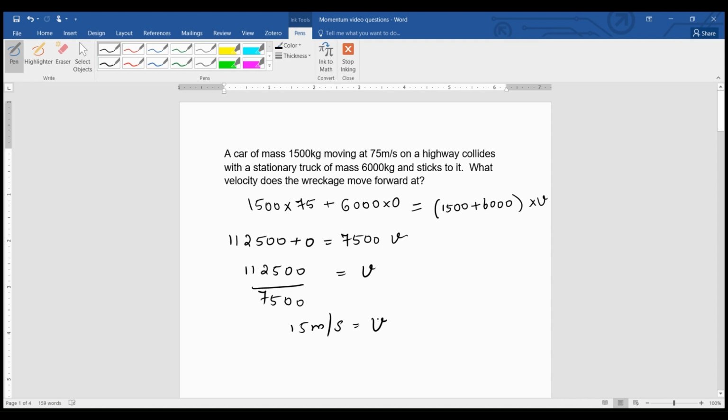So both the truck and the car after collision, the total wreckage moves forward with a velocity of 15 meter per second. Now when solving for this, if you have applied the proper signs to the velocities, the final answer will show whether the velocity is positive or negative. So here the final answer gives a positive velocity, which means it matches the question that the wreckage is moving forward.